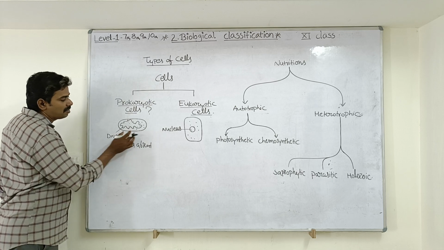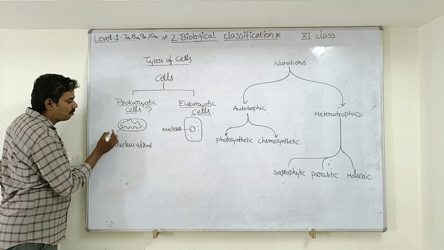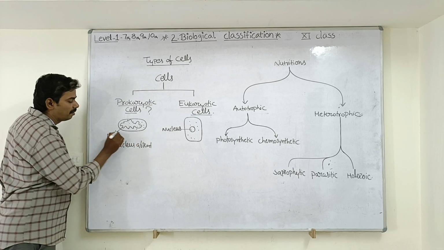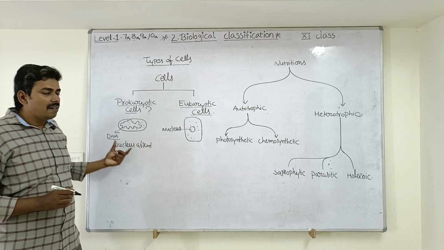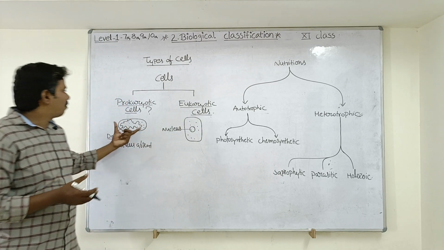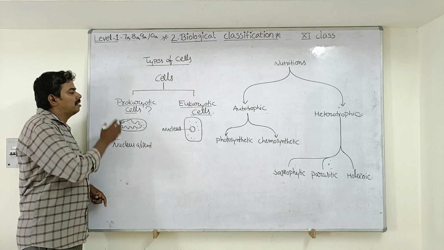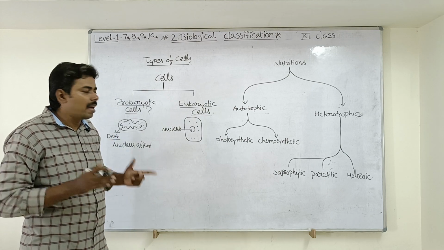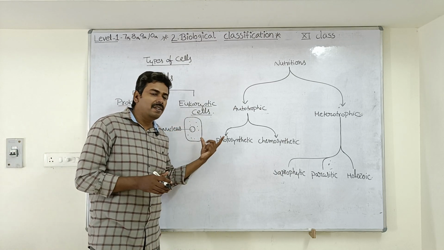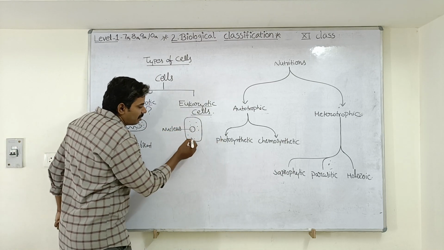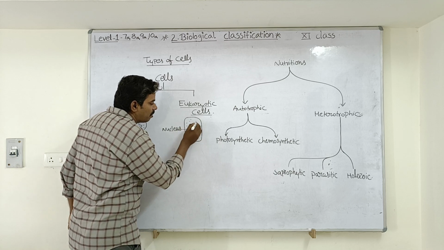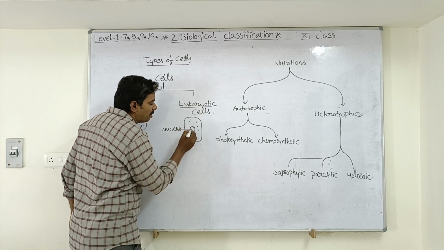So here you can see this is the cell of bacteria. There is no nucleus. You can see only DNA. The DNA is not enclosed inside the nucleus. Such type of cells are called prokaryotic cells, and the organisms are called prokaryotes. Next is eukaryotic cells. Here you can see this is a cell in which there is cytoplasm and there is a well-defined nucleus.